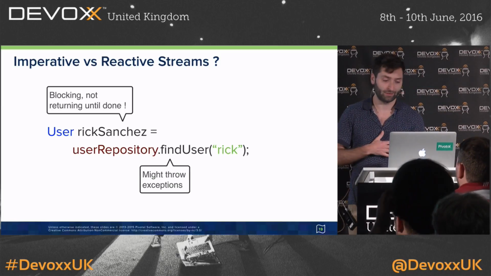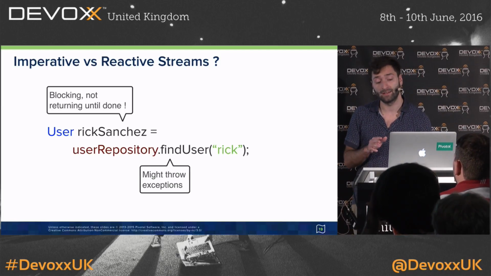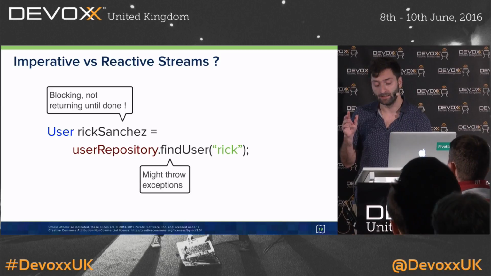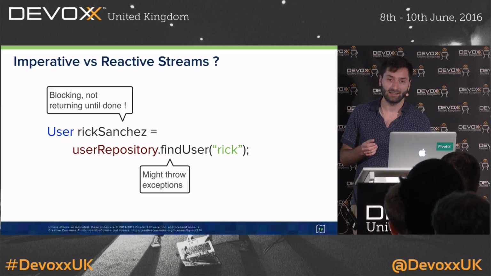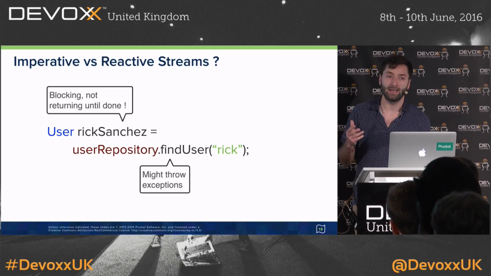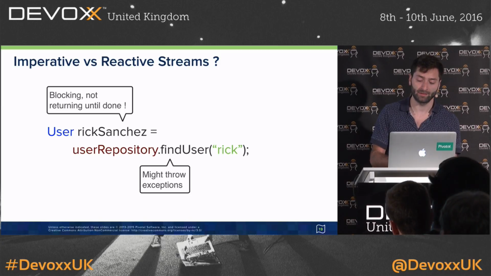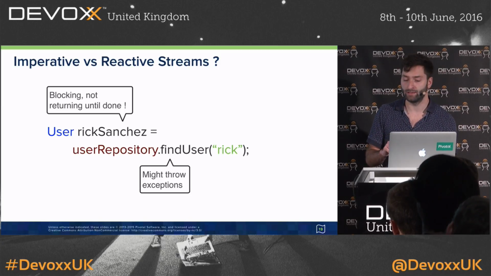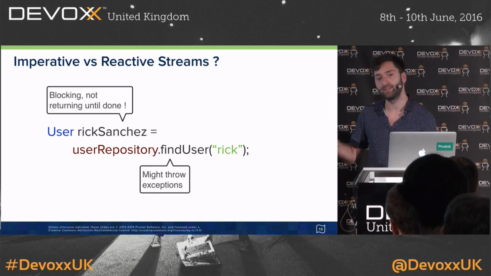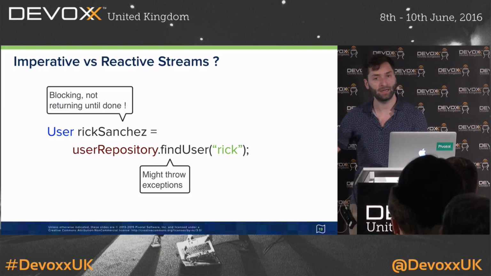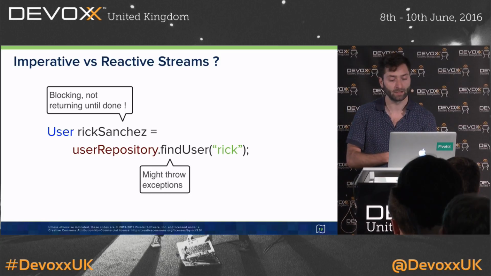Another problem we can face, especially with data access, is that you can throw exceptions. And we talked about a few tenets of reactive streams. One of them is to offer resiliency to consumers and publishers. Mainly, the publisher shouldn't be impacted by a failing subscriber.